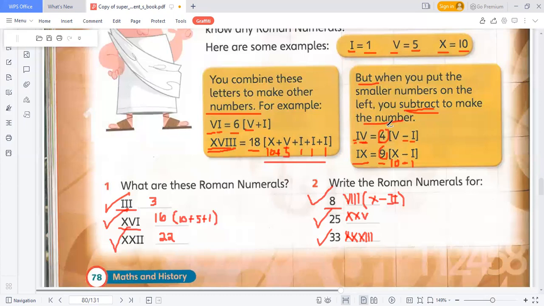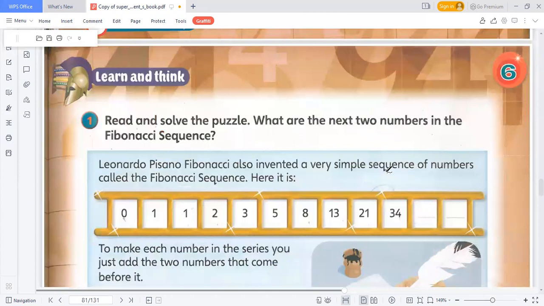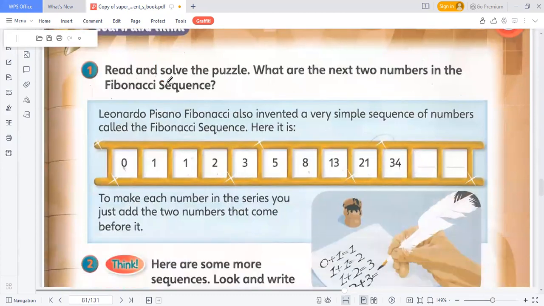Okay, now let's go to the next part. Still we were talking about numbers here. So read and solve the puzzle. What are the next two numbers in the Fibonacci sequence? You know who is Fibonacci, right? Leonardo Pisano Fibonacci also invented a very small sequence of numbers called the, can you read that?